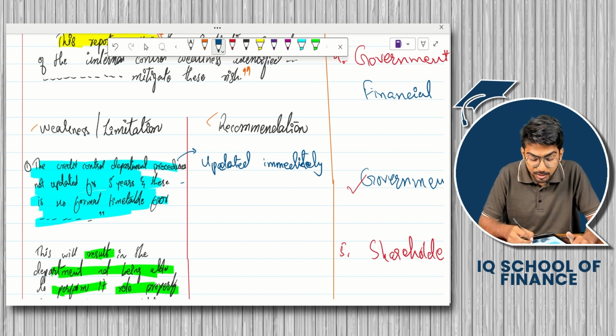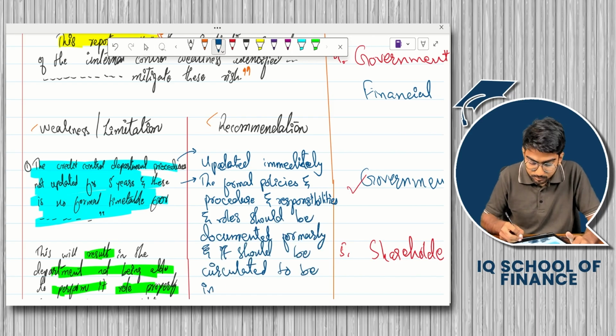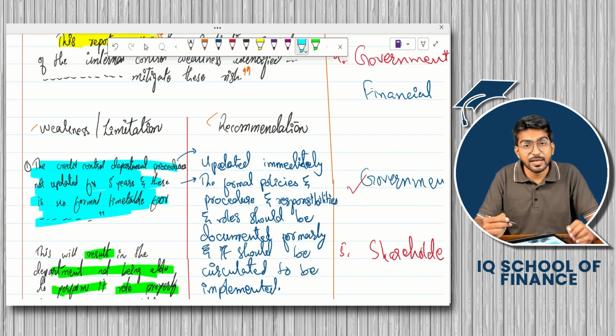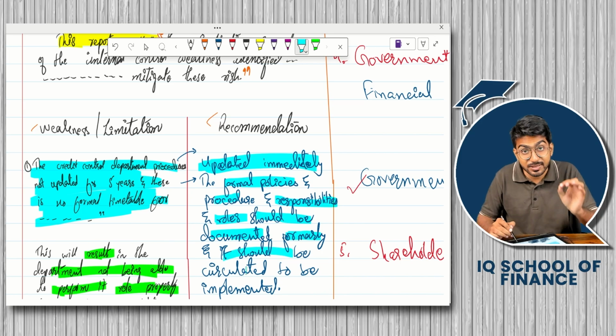So I am drafting this. In very simple wording, I have written that the policies and procedures should be updated immediately. And the other thing is that the formal policies, procedures, responsibilities and roles should be documented formally, and it should be circulated as well.